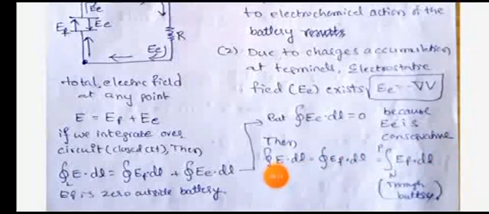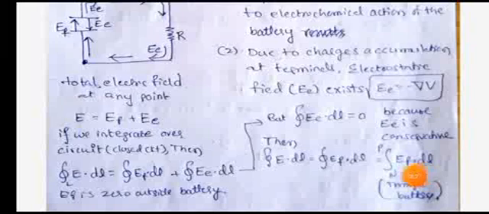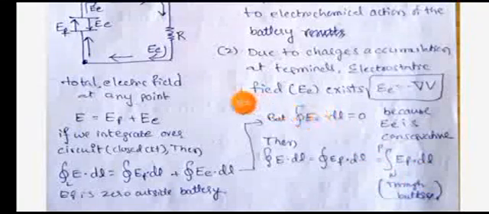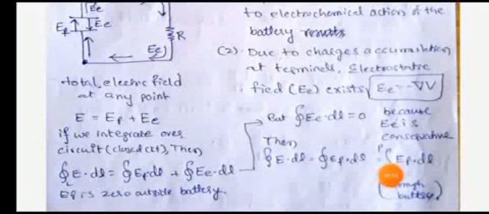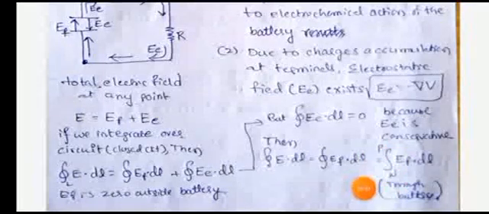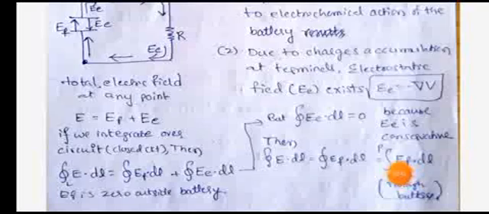Then the closed line integral of E dot dl is equal to the integral from N to P of EF dot dl. N and P are the terminals of the battery. EF is present inside the battery only, that is why the limits are N and P. Outside the battery EF is 0.